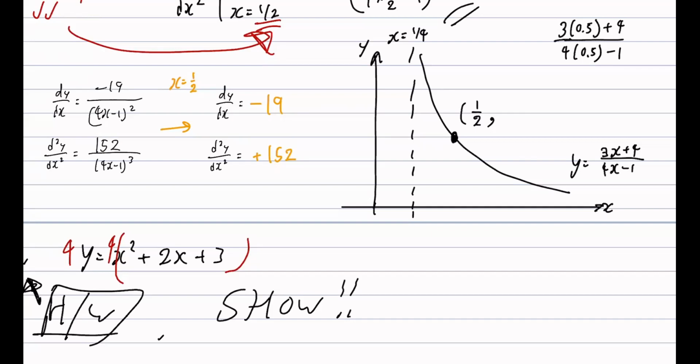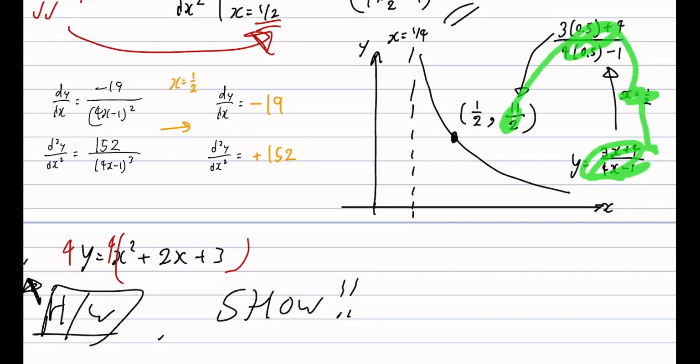Okay, which is the what function? The gradient function of a tangent line on a curve. Yes, very good. What is the point? It's half comma 11 over 2. Right? Okay. Sub x equal to half. Yes. Take this function, sub x equal to half, you get this, which is 11 over 2. Okay, so you have a tangent line here whose gradient m equals negative 19.